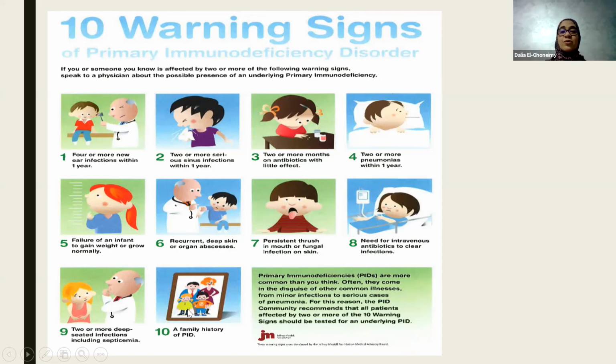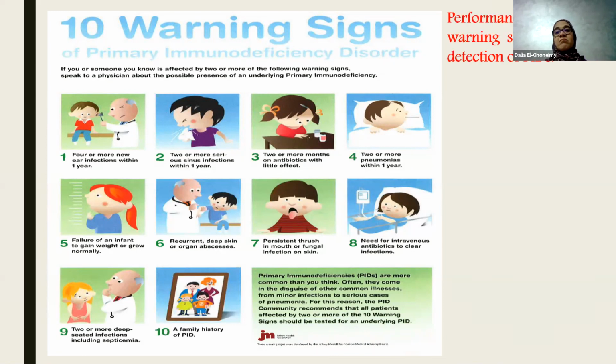So how to use these 10 warning signs? We typically recommend that if any patient has 2 or more of the 10 warning signs for PID, they should seek medical advice.